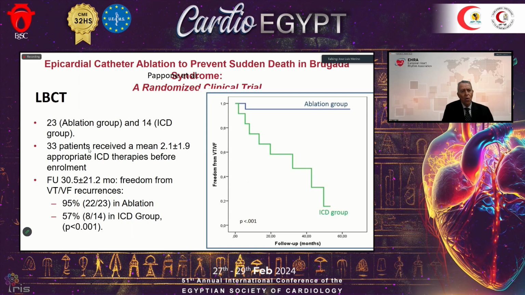They enrolled close to 40 patients in this randomized trial, randomized to either ablation or ICD implantation with no ablation. And you see at follow-up the difference in terms of recurrences of VF. So in the ablation group, no recurrences, but it was not the case in the ICD group.